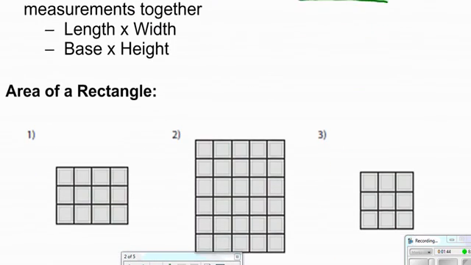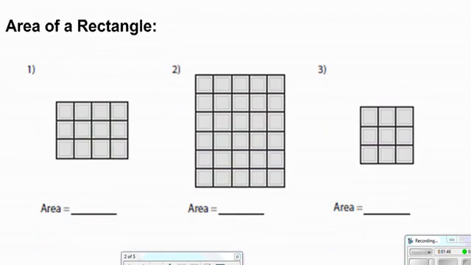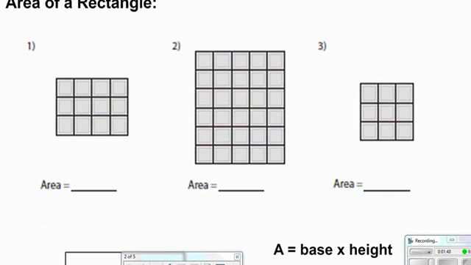Taking you way back, the first way we learned to calculate area is we said draw a shape on grid paper and count the squares. On the first one, we would count 1, 2, 3, 4, 5, 6, 7, 8, 9, 10, 11, 12. So the area is 12 units squared. Later on, we started to tell you that you can actually look at the side lengths.